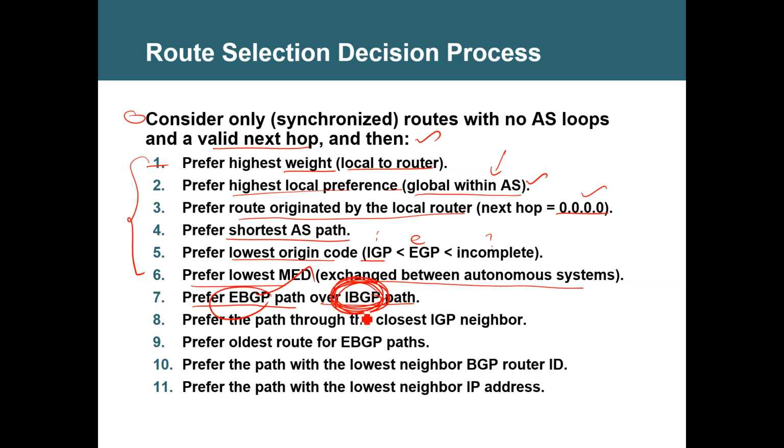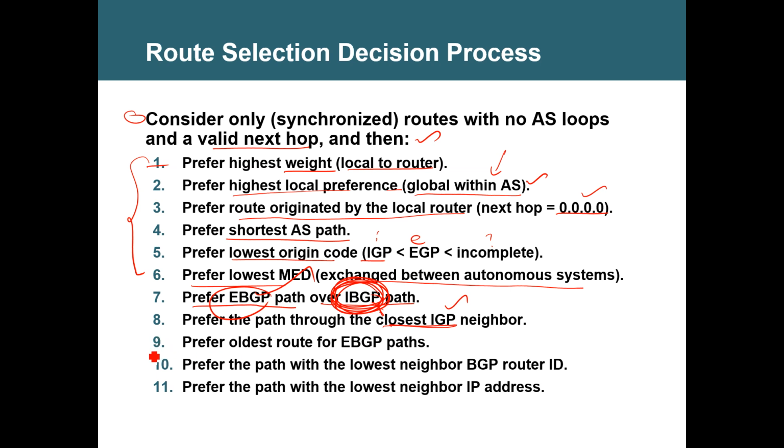If both are IBGP, which means they are all in the same autonomous system, you will definitely have an OSPF, an IGP protocol, EIGRP or something. Whichever is closest, the closest IBGP neighbor. It will check the metric of EIGRP or OSPF or RIP that you have and choose that path.